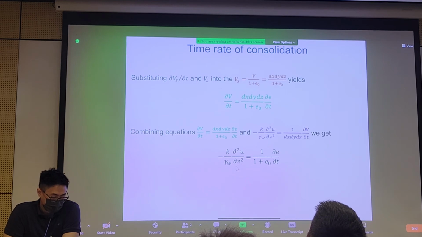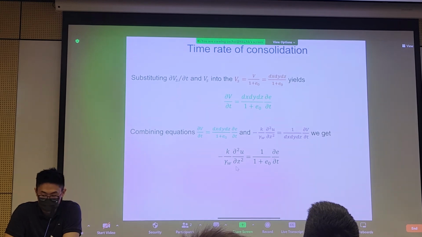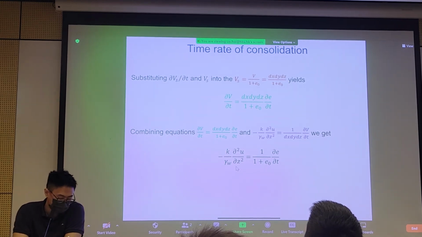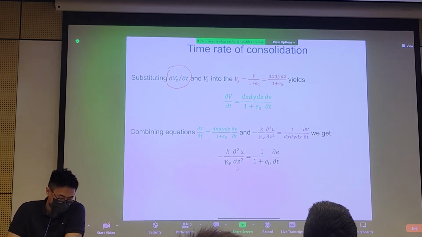Now, if we want to further extend this problem, we have to come up with an expression to incorporate any volume change with void ratio. And if we substitute the partial derivative of dVs with t and de, then we can get this expression. And you might be wondering where this relationship is from, right?